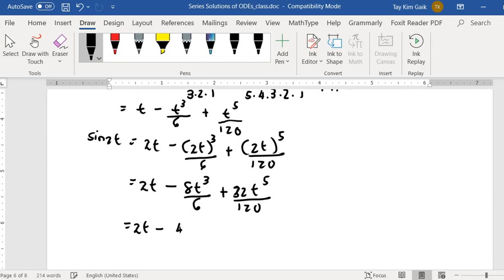So this is simplified: this is 4 over 3 t cubed. And then you simplify this one by cancelling by 8. This is 15.